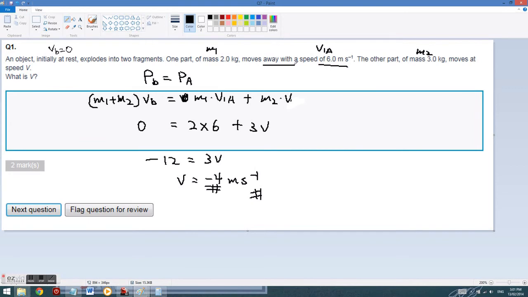Now M1 moves away, so the answer should be V equals 4 meters per second, sorry, actually what I can write down is it's 4 meters per second, opposite direction to mass 1, which is this.